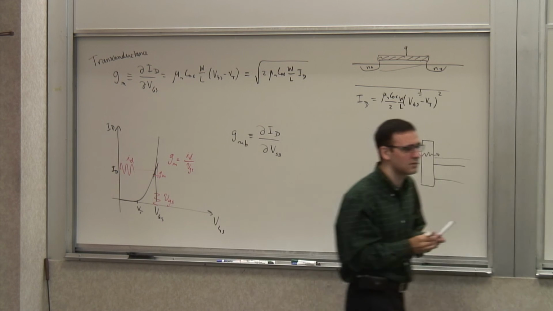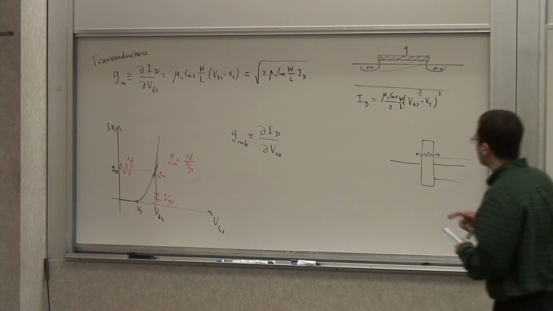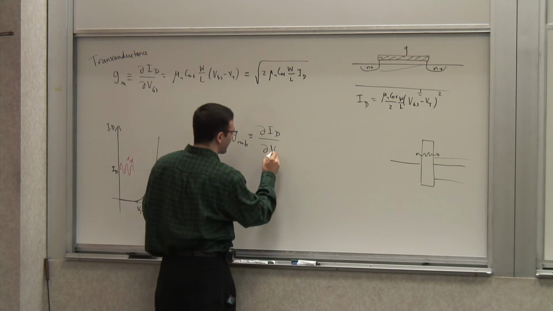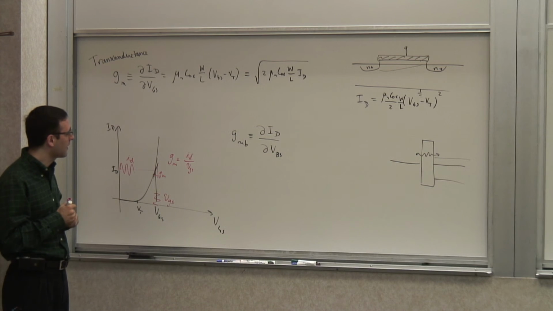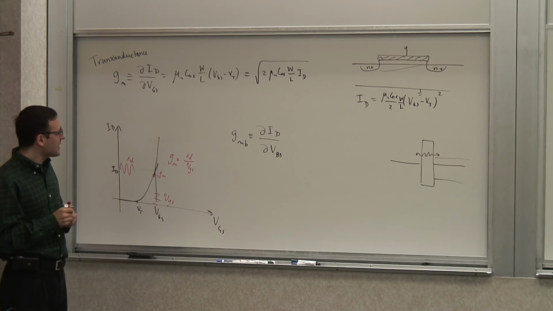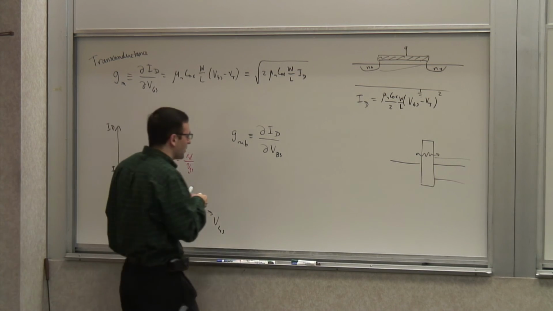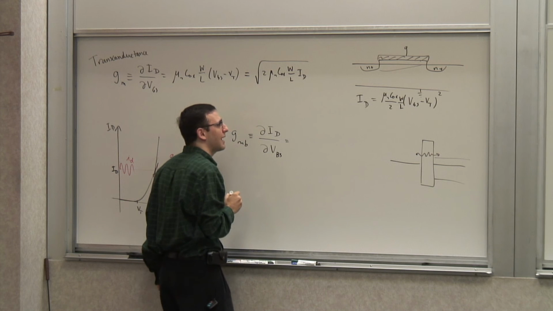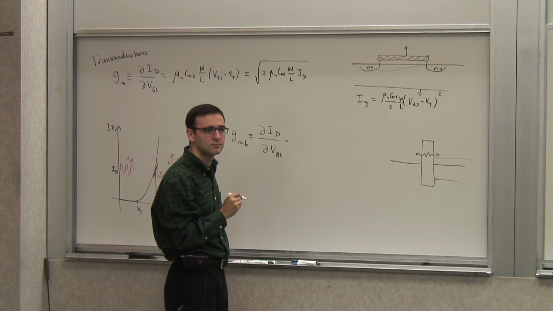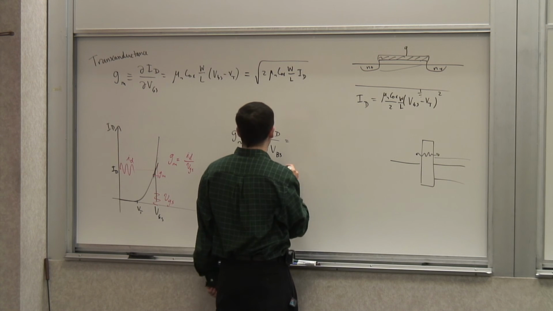Because of the way it's defined, we have to use dVs. Okay? dID over dVs. Now, that's another change in the current due to a voltage. So that second voltage can modulate things. So let's calculate that. How do I calculate it? Well, again, I look at that expression and differentiate with respect to it.